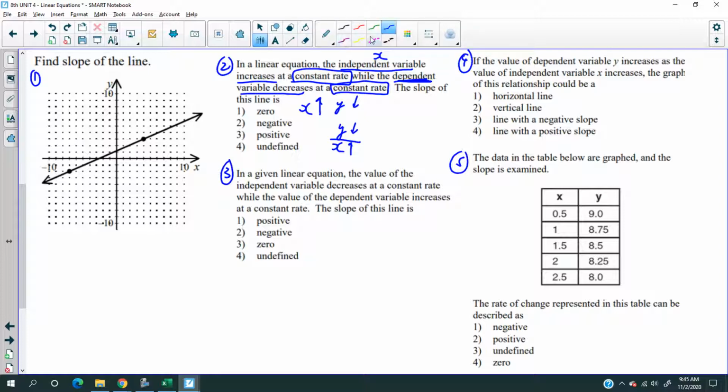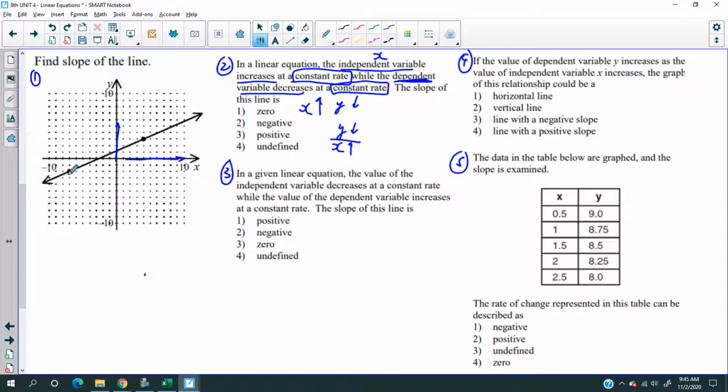So let me take over number 1 for now. X is going up, Y is going down. So think about that. If X is going up, in a line like this, you notice how as X increases, Y also increases.